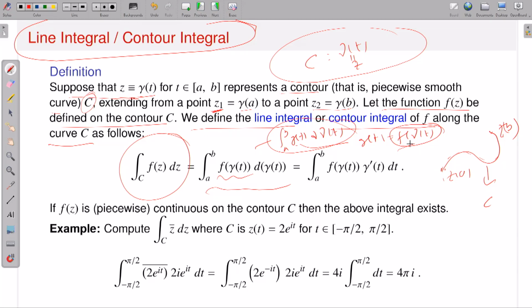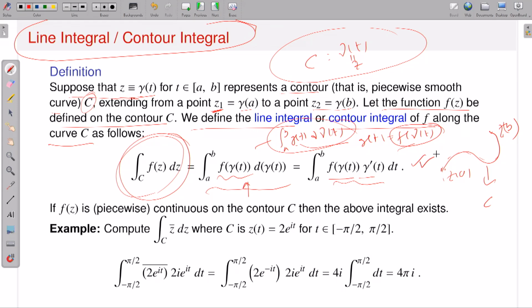Then I define the integral over C of f(z) dz as the Riemann Stieltjes integral of f with respect to gamma, or the integral of f with respect to a function of bounded variation gamma. But I know that I can calculate that in terms of Riemann integration since gamma is smooth. Therefore this is nothing but the integral from a to b of f of gamma(t) gamma prime(t) dt. So this is my definition.